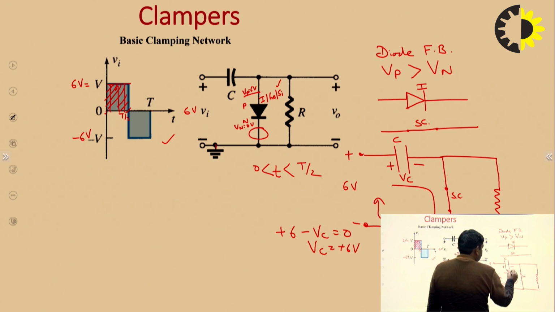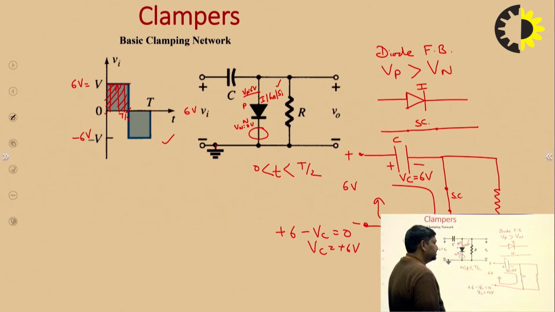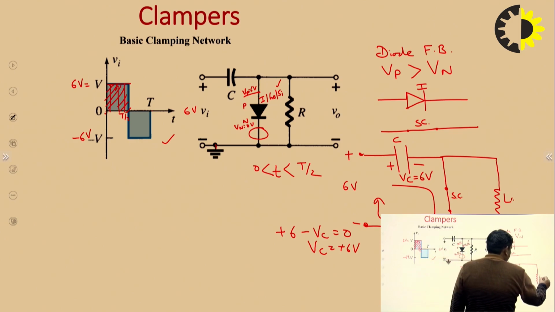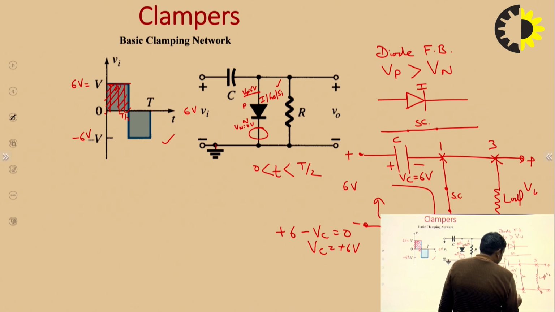So first we calculate how much voltage appears at the capacitor. This is the 6 volt, and this is the load, and we find the output voltage across the load. This load voltage is in parallel, so the voltage at terminals 1 to 2 is equal to the voltage at terminals 3 to 4, which is the Vout. Since this is a short circuit, the voltage should be 0 volt.